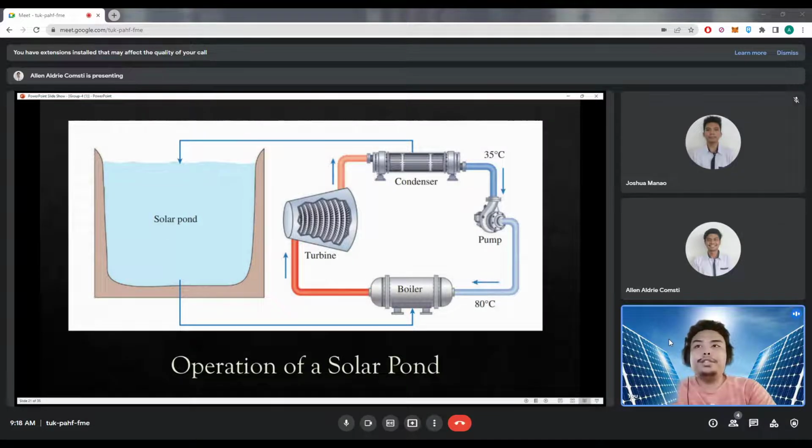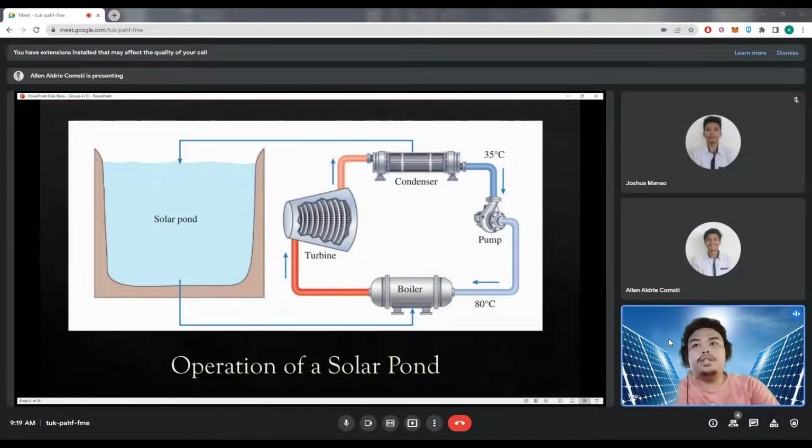Solar energy is absorbed by all parts of the pond, and the water temperature rises everywhere. The top part of the pond, however, loses to the atmosphere much of what it absorbs, and as a result, its temperature drops. This cool water serves as insulation for the bottom part of the pond and helps trap the energy there.